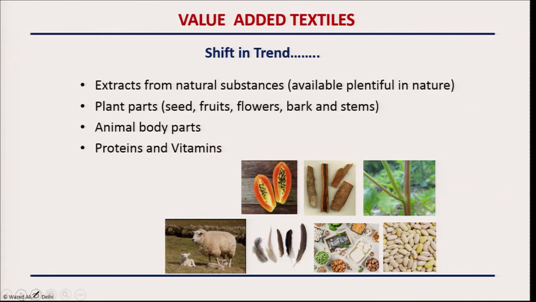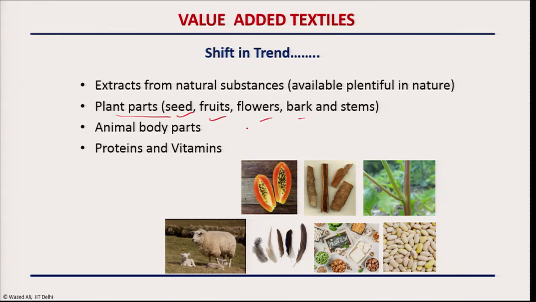In the current days, for value added textiles, many wastage materials and different kinds of natural stuff are being explored, a few of them at the commercial level and many at the research stage. Here I have taken a few examples of natural extracts: plant parts, the different kinds of biomolecules from seeds, fruits, flowers, bark, stems.